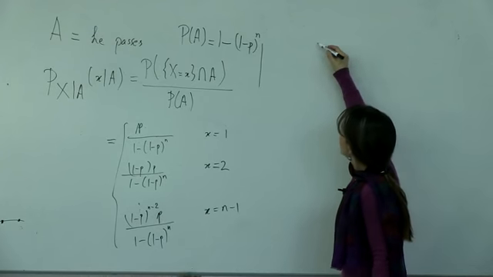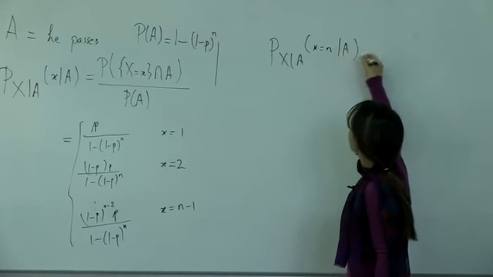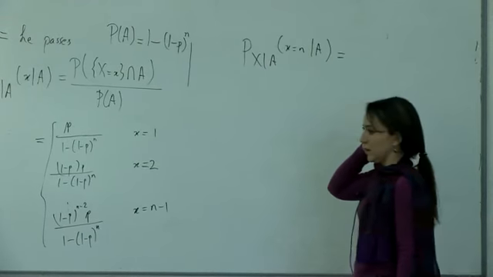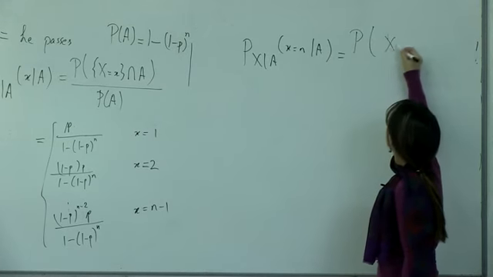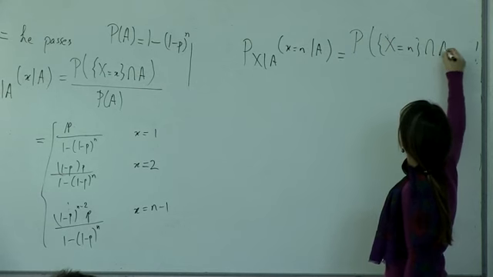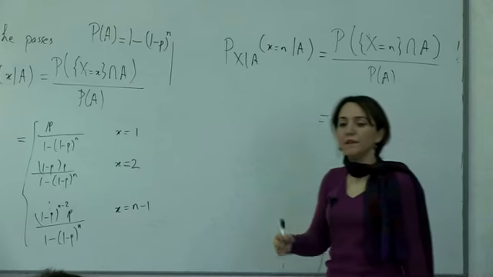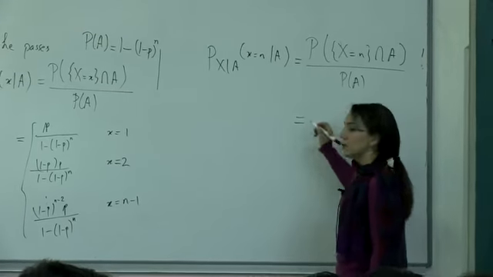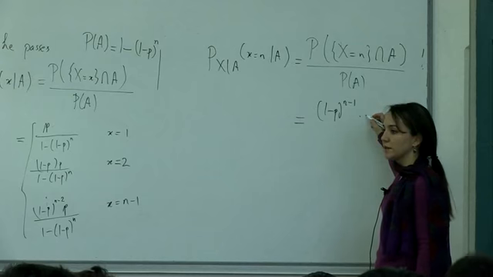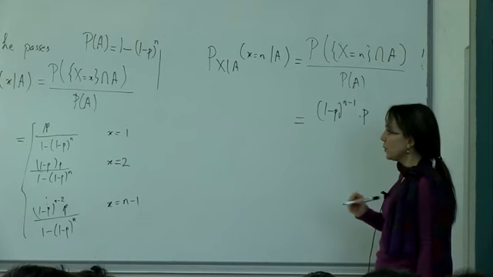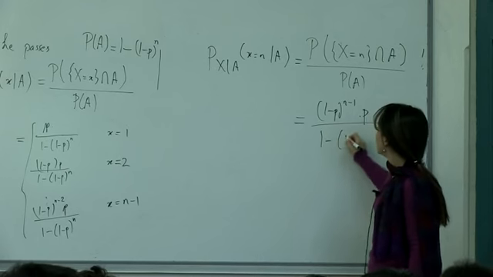So let's compute p of x given A, x equals n given A. This probability, the probability that x is n and he passes, is what? He fails the first n minus 1 attempts and he passes the nth test. We don't have the other part of the summation, divided by 1 minus p to the n.